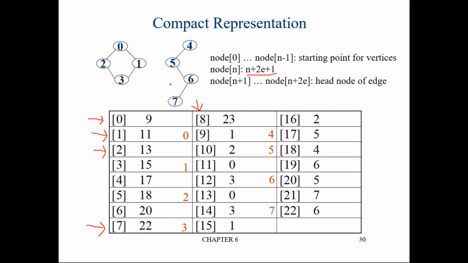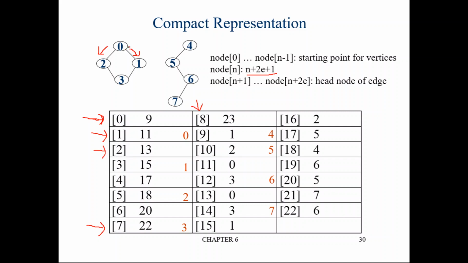Now take vertex 0. Vertex 0 contains how many edges? It contains 2 edges. It contains one edge to 1 and another edge to 2. So in the 9th location you specify those 2 vertex. It can be in any order.